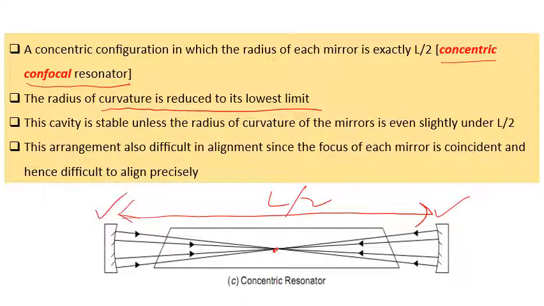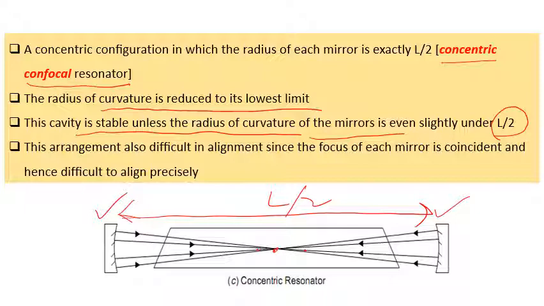So this cavity is stable unless the radius of curvature of the mirror is even slightly under L by 2. But if it moves more, let's suppose this one focuses here and this one focuses here, then it will become unstable. So it's much better to have a little less than L by 2.